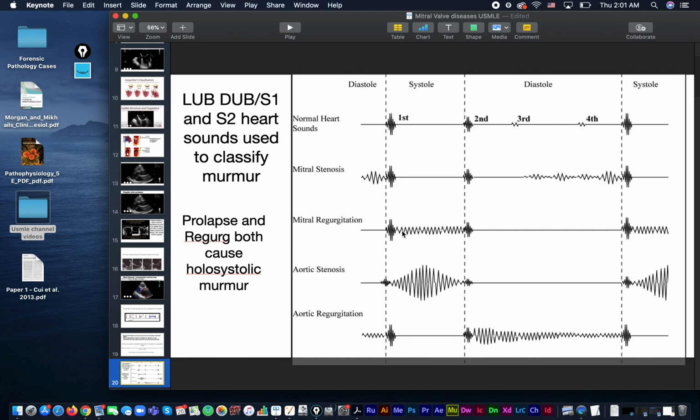And mitral prolapse is also similar. It's going to be in systole, and probably not as serious. They'll probably be harder to detect. So here, if you look at mitral stenosis, the opening snap is the closing snap. I don't know. And that's it.